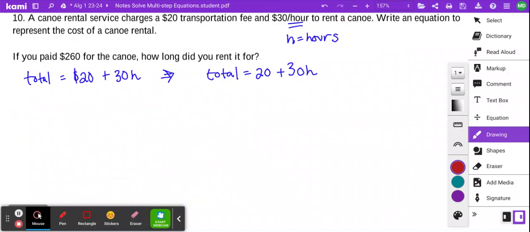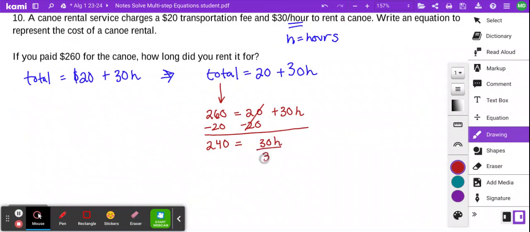The second part of our problem says if we paid a total of $260 for the canoe, how long did we rent it for? So we will replace the total with that $260 and we will go ahead and solve for H, or the number of hours it took for us to rent the canoe. $260 minus 20 is $240.